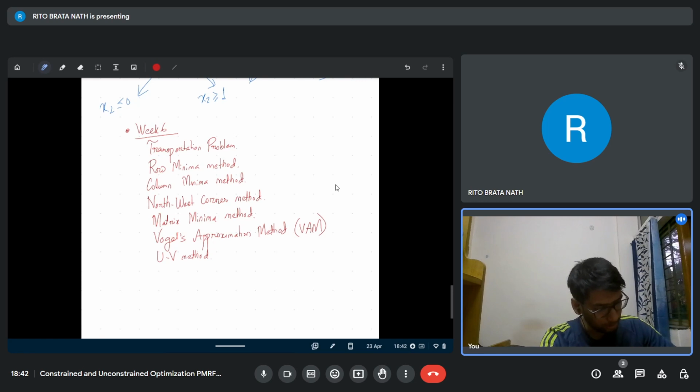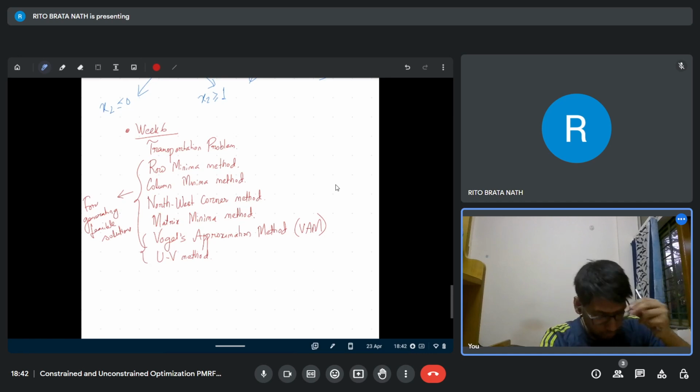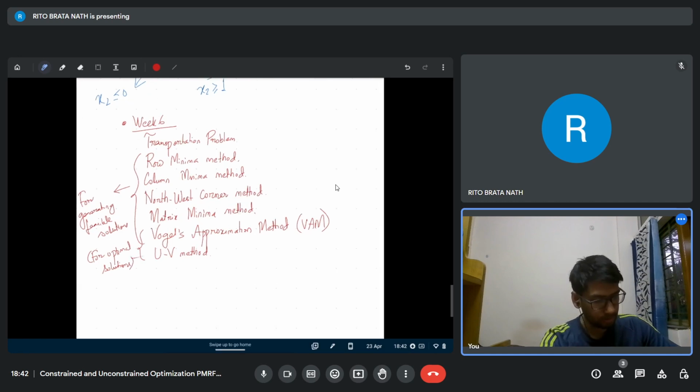So these are mainly for generating feasible solutions. Or this one, these two could be for optimal solutions. Or UV method is the one I think for the optimal solution.